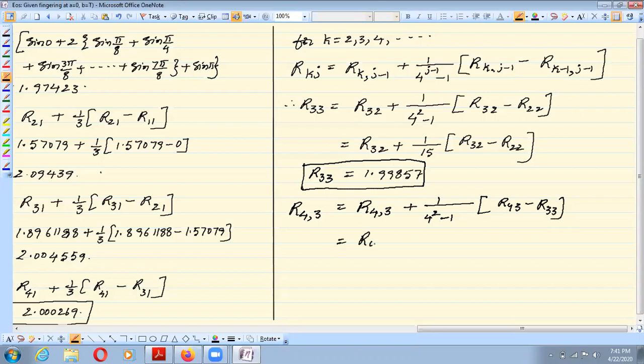So that is R42 plus here also 1 by 15 into R42 minus R32.